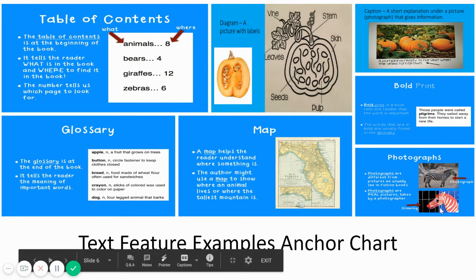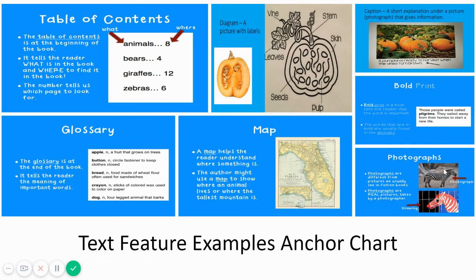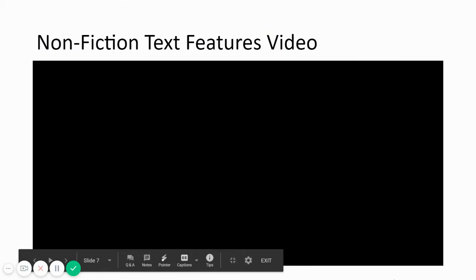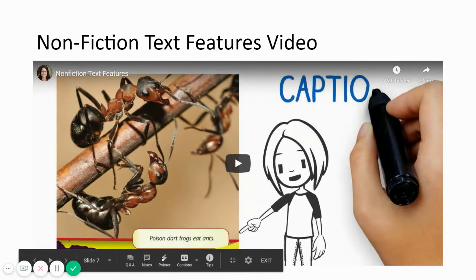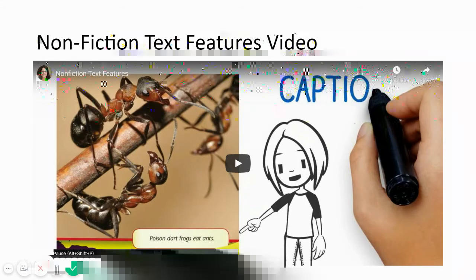This is a picture that we would find in a fiction book. But in a nonfiction book, we see pictures that are real and they are usually taken by a photographer. Now, boys and girls, to help us get even better understanding about nonfiction text features, we're going to listen to a video.